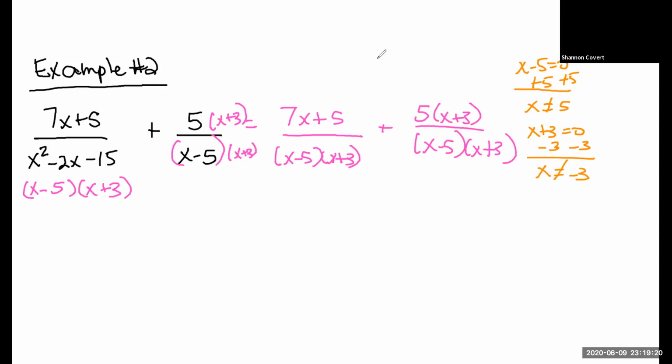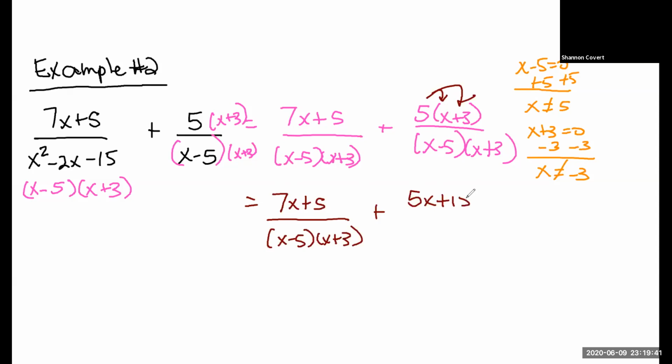Now we'll keep moving with this problem. I'm going to distribute over here in the right fraction, so I'm going to just leave 7x plus 5 over x minus 5 times x plus 3 as it is. And I'm going to rewrite the second fraction as 5x plus 15 over x minus 5 times x plus 3.